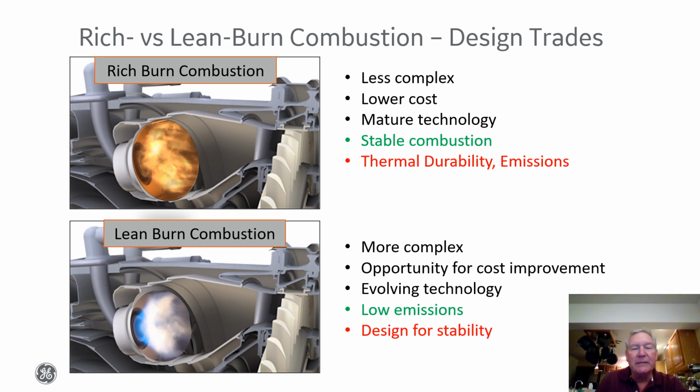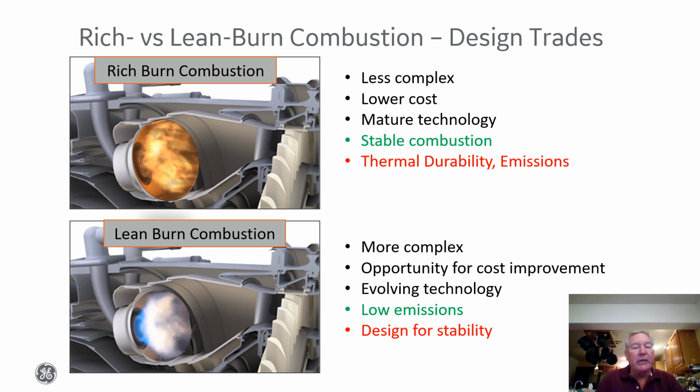It's less complex, which leads to a lower cost strategy. The technology is mature. The combustion is very stable by virtue of that rich primary zone. There, however, can be durability issues, and also it is not capable of the extremely low emissions levels that we're able to achieve through premixed lean burn combustion.